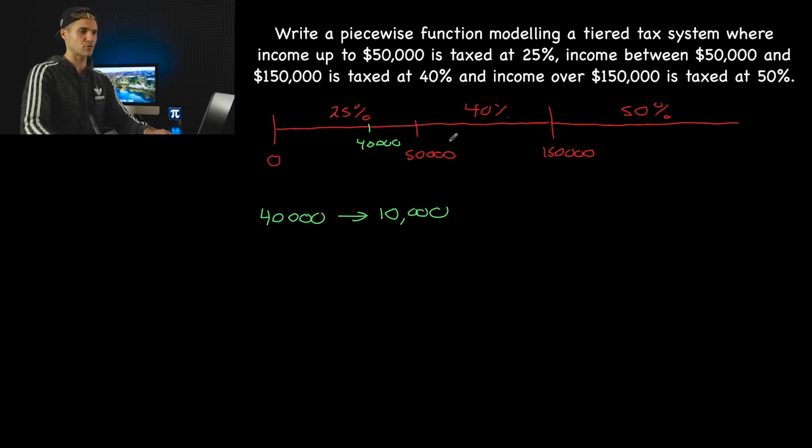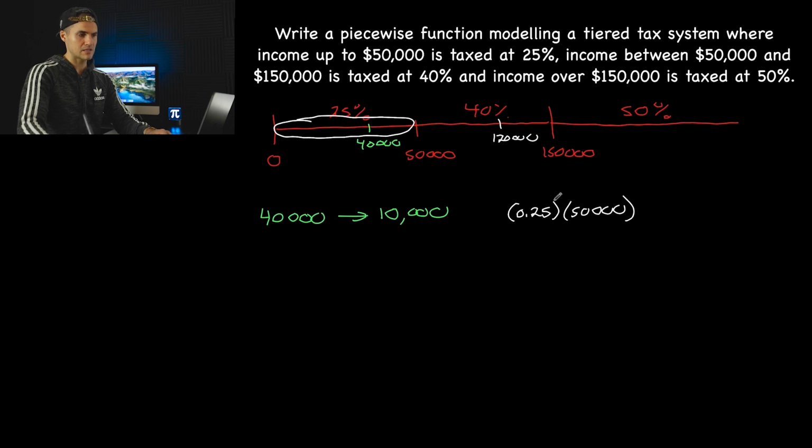Now for this next interval here, an income between 50,000 and 150,000, let's say you're making 120,000. Now here what happens is the entire 120,000 doesn't get taxed at this 40%. What happens is that the first 50,000 of that 120,000 income is going to get taxed in this first bracket at 25%.